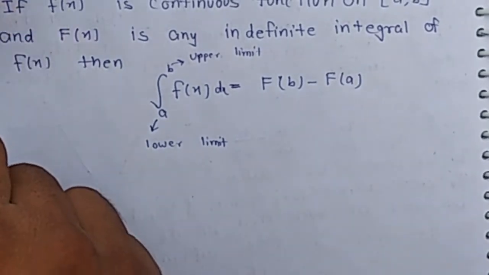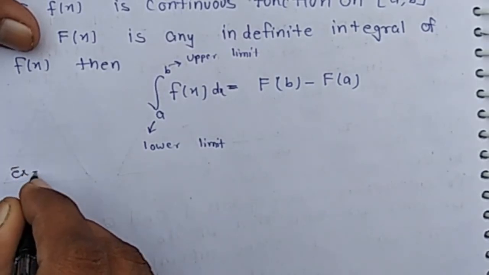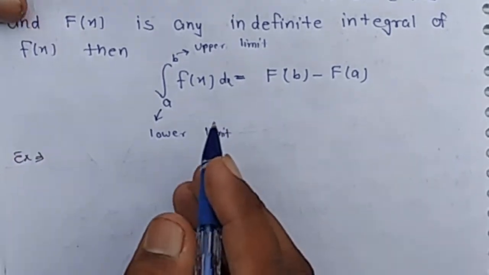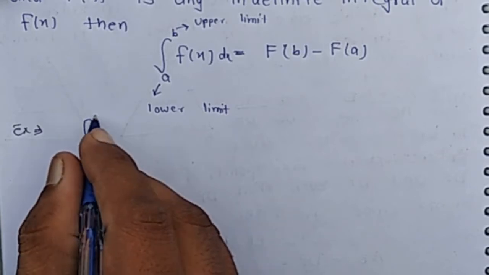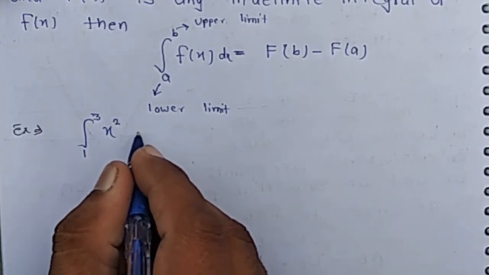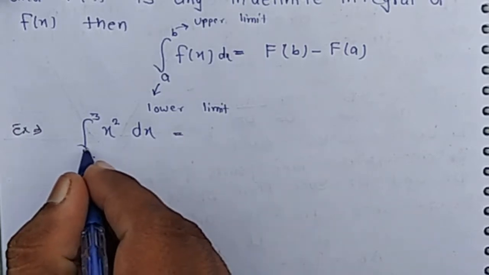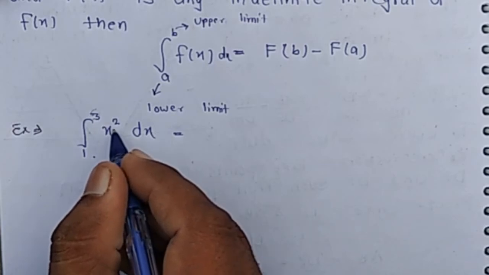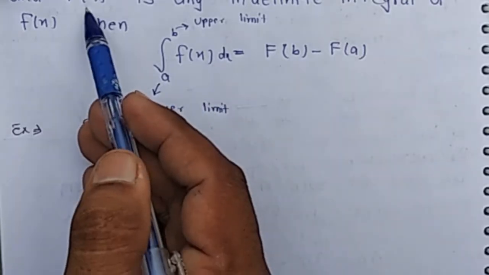Now, for example, suppose we have to integrate x square over the interval 1 to 3. This means the lower limit is 1 and the upper limit is 3. Firstly we integrate this term, meaning we find the integration of small f(x), which is capital F(x).